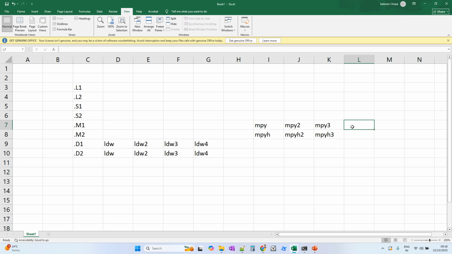So this will come out to be MPY4, MPYH4 will come. LDW5 we can do, and then MPY5. This is the 5th cycle. MPYH5 will do. Okay. So now this is done.